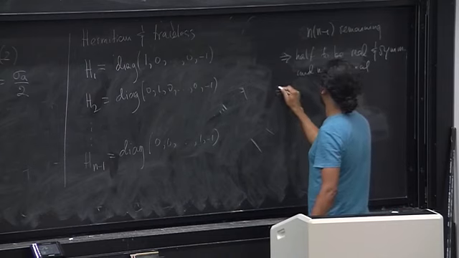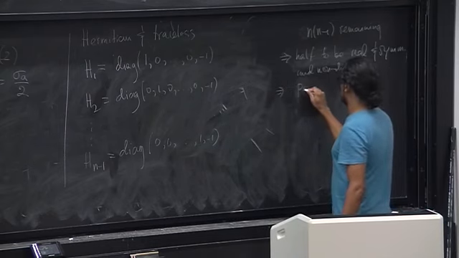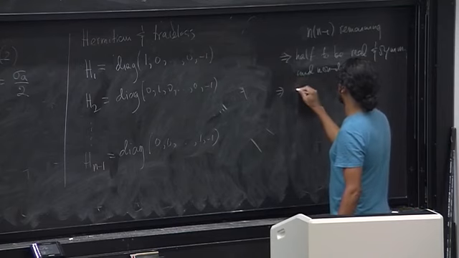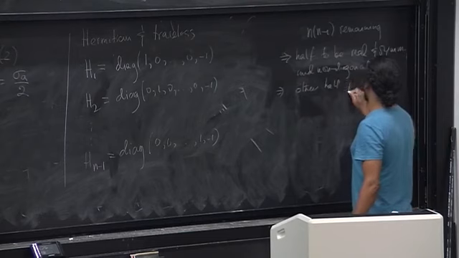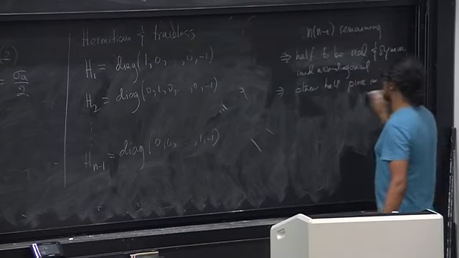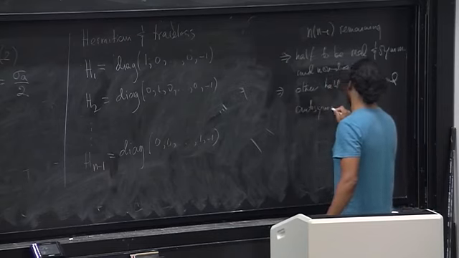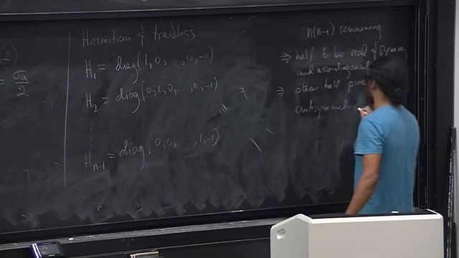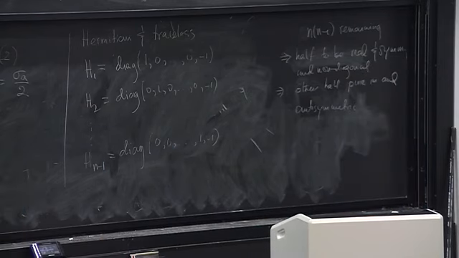The other half, you can choose to be pure imaginary and antisymmetric. I leave it as an exercise for you to work out what the other generators are.